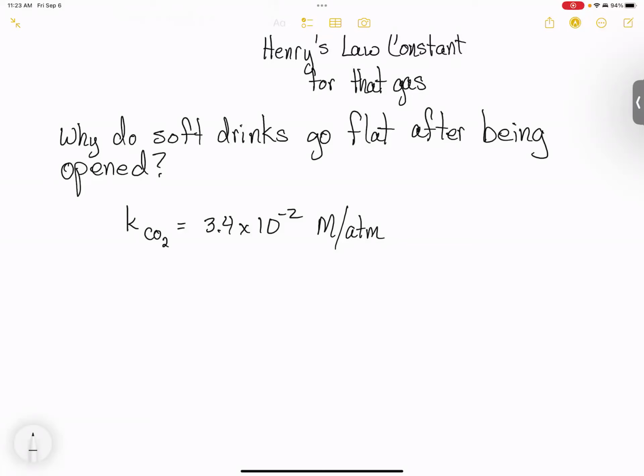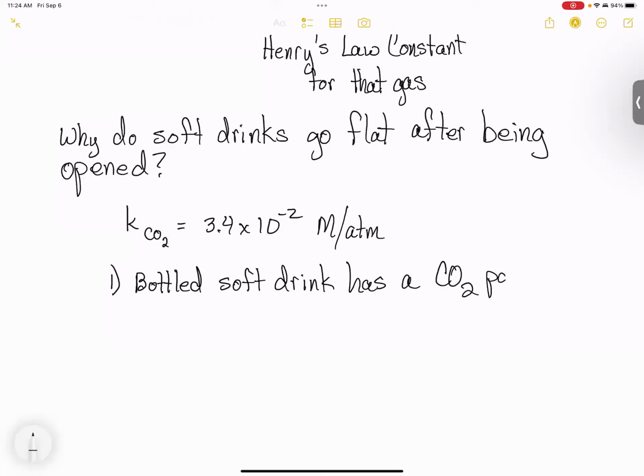So when it is bottled, it has a partial pressure for CO2 of 5.0 atmospheres.